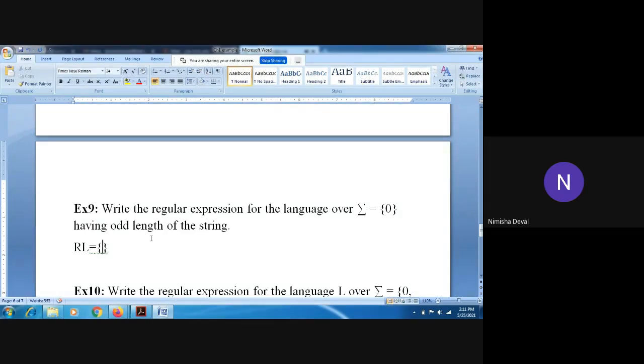Okay, mention its answer in the chat box. Meanwhile, I will mention here the strings which come under the odd number of zeros.